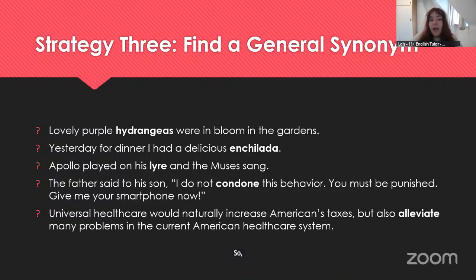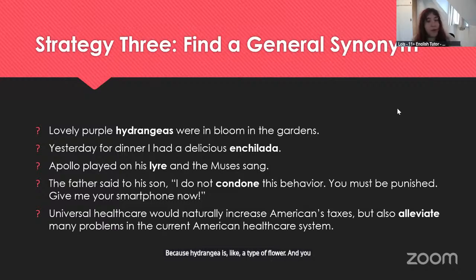So first one, lovely purple hydrangeas were in bloom in the gardens. What would be a very general synonym that you could give for that word? Okay, good. I can see lots of correct answers. Yes, good. Excellent. Whoever, if you put flowers, you're exactly right, because hydrangea is a type of flower.